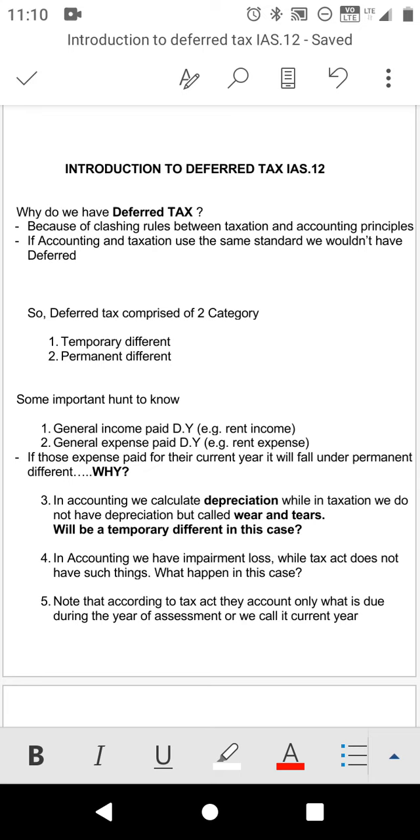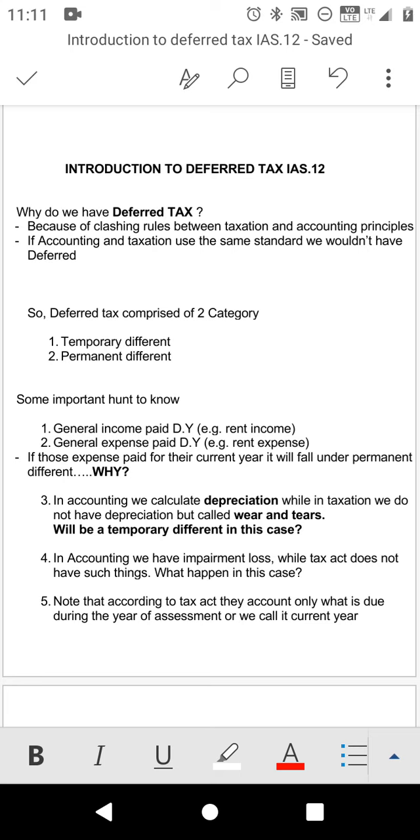Okay, so this will make a difference, because what has been recorded in the books of accounting is not the same as what has been recorded in the books of the Tax Act for taxable income. So there will be a rise of temporary difference, which we have to fix. It's temporary because we have to do what to fix it.